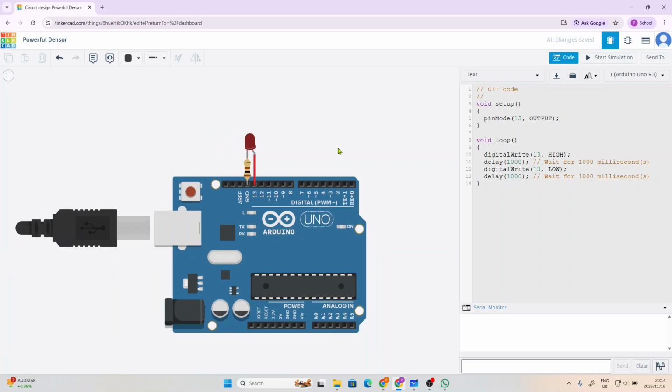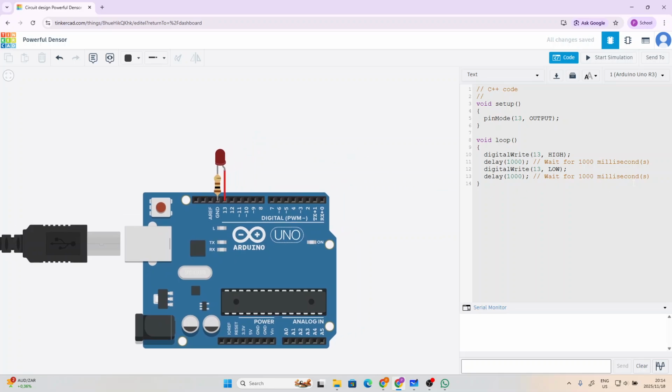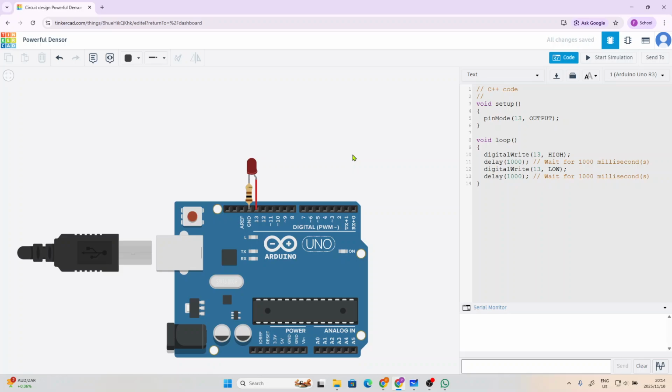Right. Now, who can tell me, I want this light to stay on. What must I do? What would I remove?